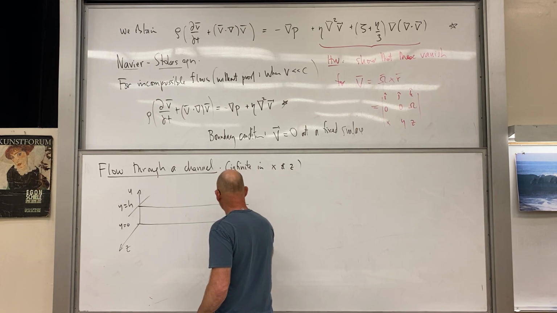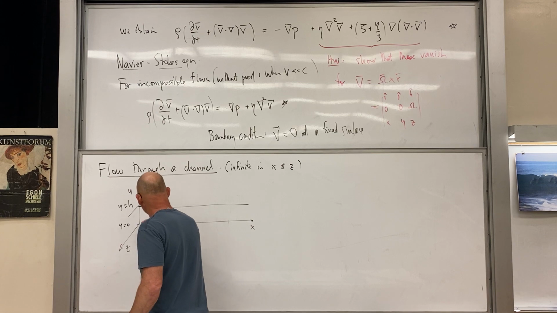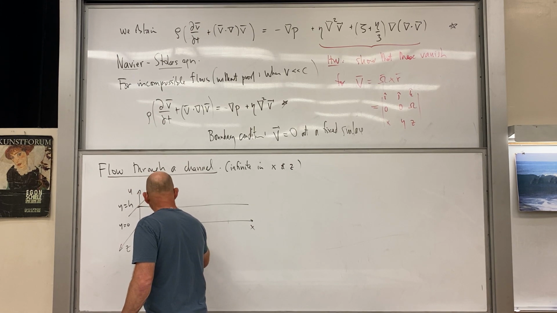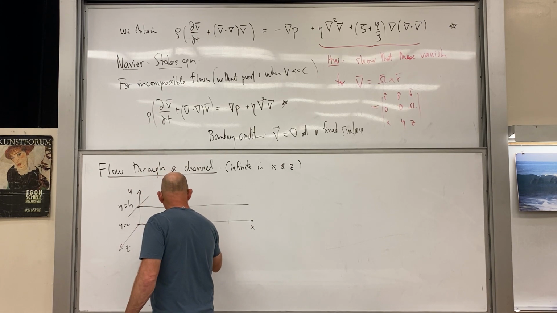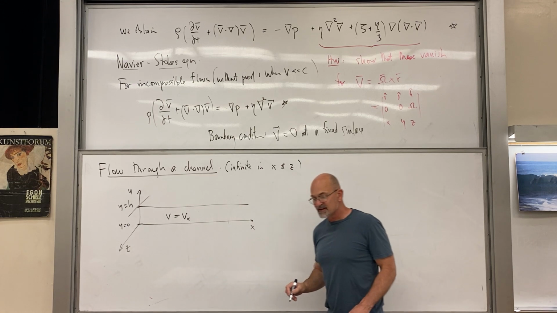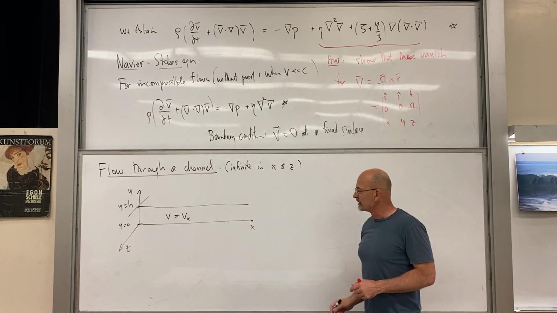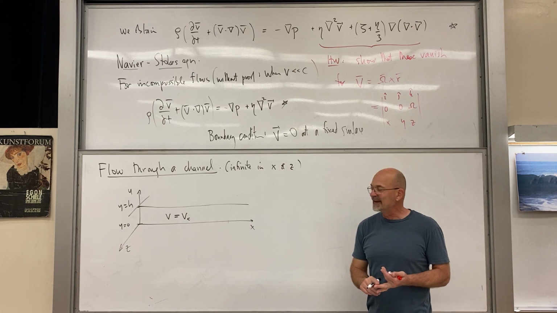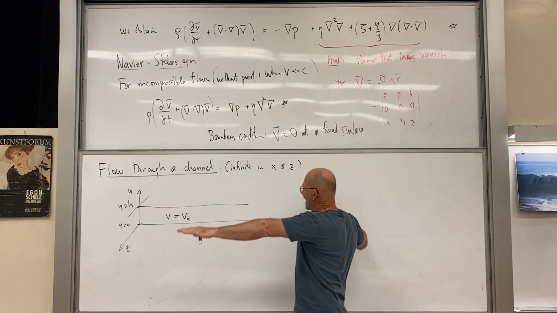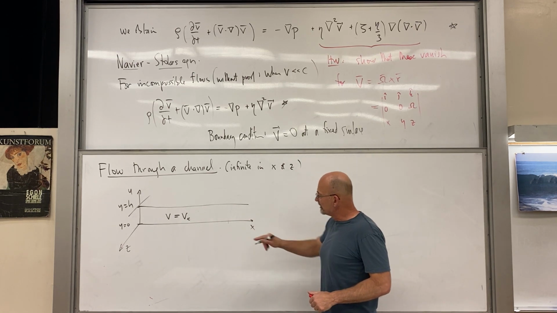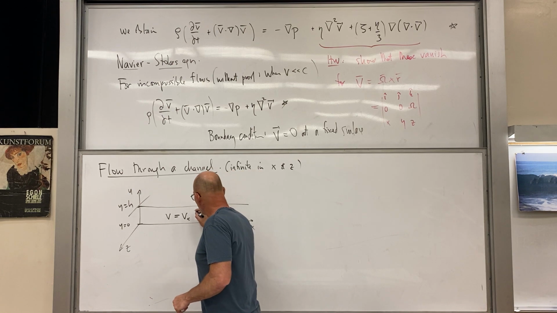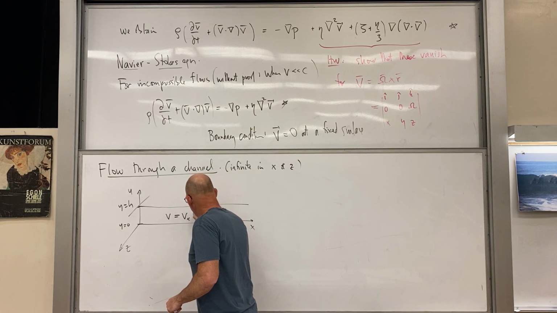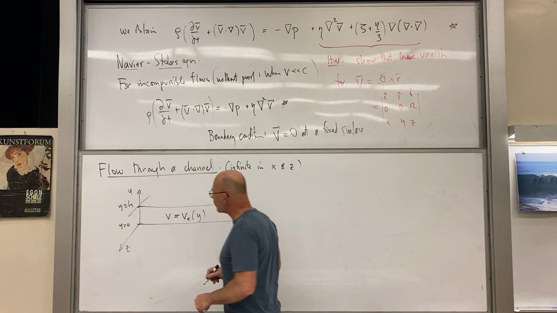So v, I'll draw it right here. There's 0, there's h, v equals vx alone. By the symmetry properties that we've set up, there's no vy and there's no vz because it's an infinite channel. So v is equal to vx, and we can also say that it's vx as a function of y.